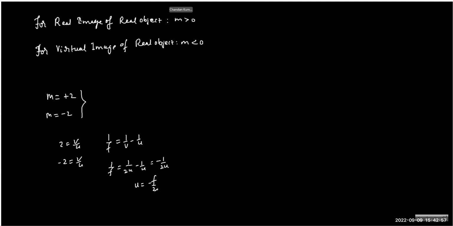And if I choose the second option, v equals to minus 2u, I will get minus 2u minus 1 by u, and you can see it is u equals to minus 3f by 2, right?